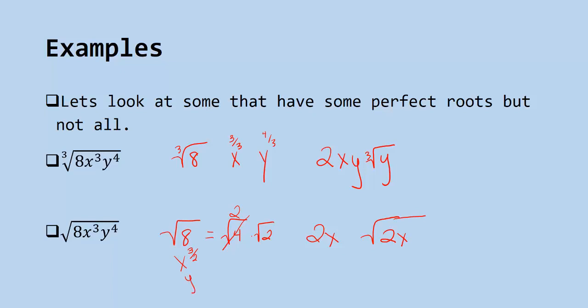Now the y has a power of 4, but now we're over the root of 2. 2 goes into 4 twice, so y squared comes outside the symbol. There's no remainder. So again, this is simplified because when you look under the square root sign, neither 2 nor x contain perfect squares. So these are considered simplified.